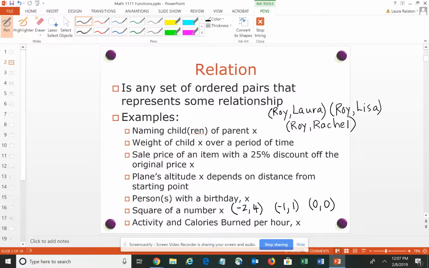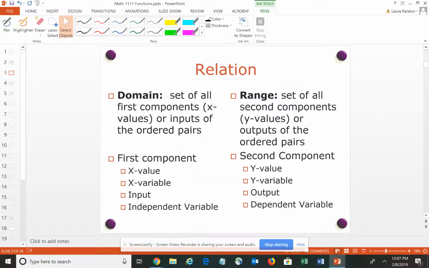You basically have an input value, which we normally represent with the letter X, and then you have a corresponding output value. When we want to look at those individual sets of inputs and outputs, that's referred to as the domain and the range. The domain is the set of all first components, or all of your inputs in the ordered pairs.